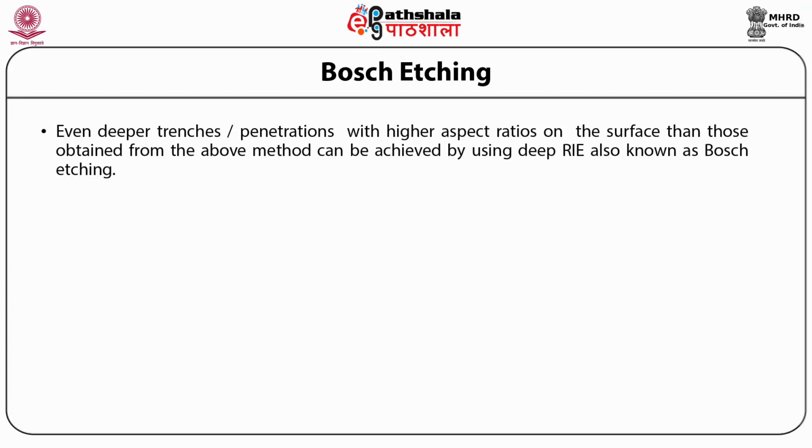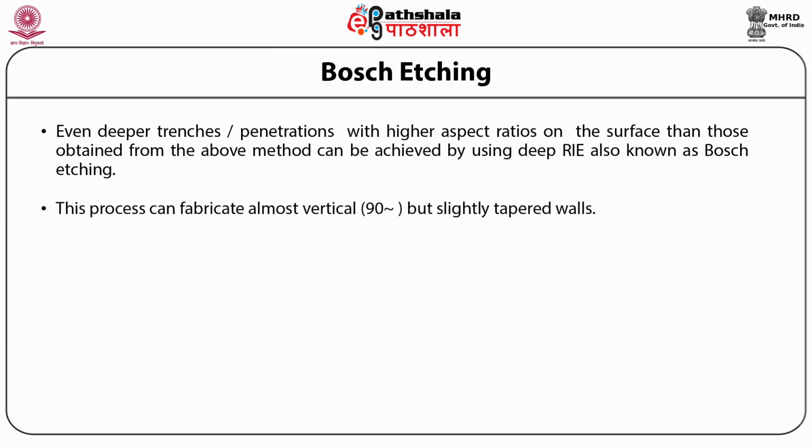Even deeper trenches and penetrations with higher aspect ratio on the surface than those obtained from the above method can be achieved by using deep reactive ion etching, also known as Bosch etching. This process can fabricate almost vertical but slightly tapered walls.